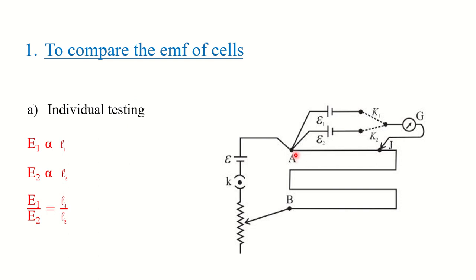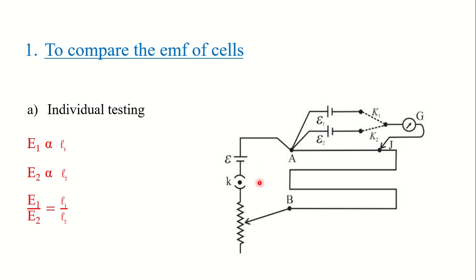Here you can see A and B, the two end points of the potentiometer, connected to a cell, key and a rheostat in series. So this will provide a potential difference across AB of the potentiometer wire.